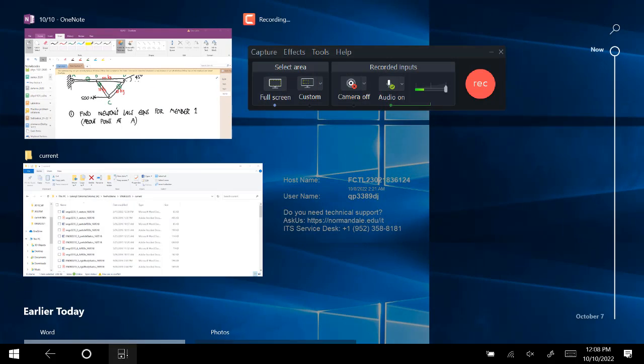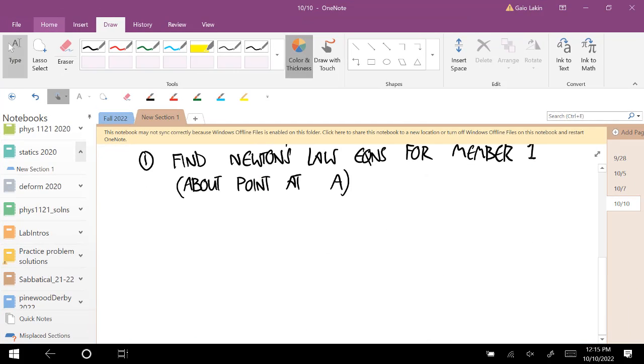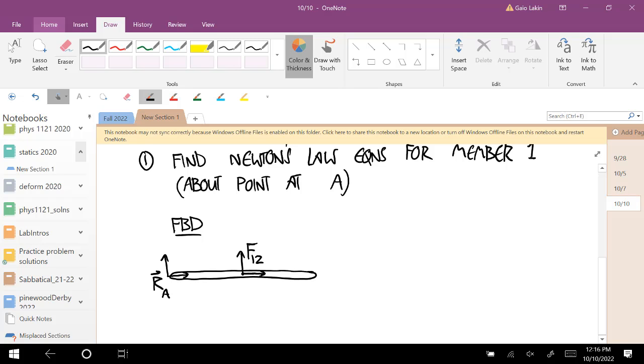Okay, so the free body diagram looks like this. It's a pin joint at A, so I'll call that RA. It's a pin joint at B. And now since this is between two of those members that we've numbered, this is the force on 1 by 2.